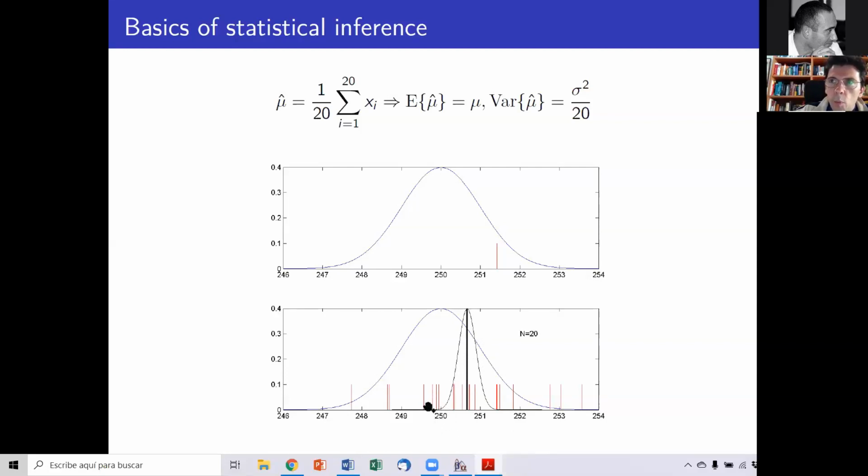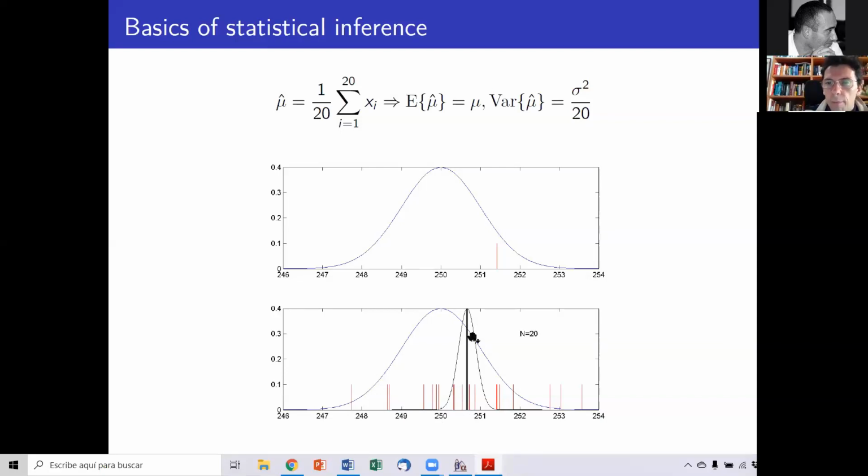250 is very far away from the mean you have observed. So it would mean that if the machine is correctly functioning, it is really, really unlikely that you observe a value as large as 250.6.